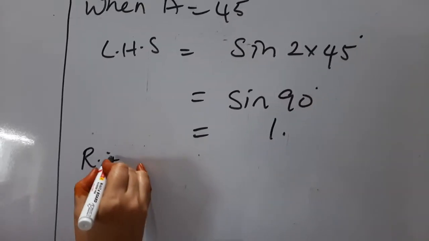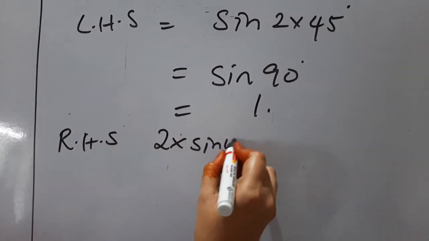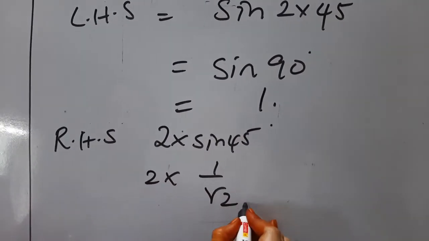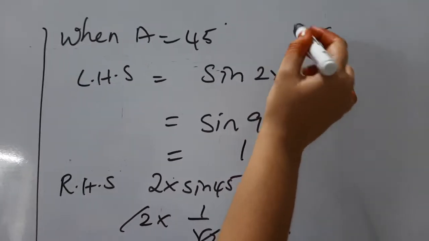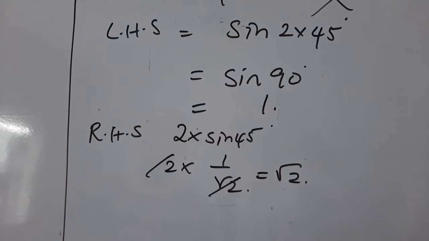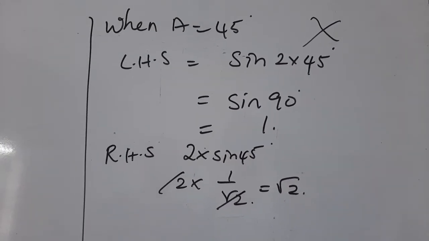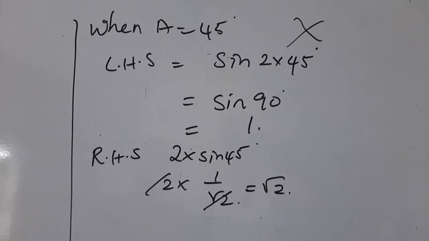When I take the right hand side expression, 2 into sin 45, sin 45 value is 1 by root 2. When we solve that, we get root 2. So this is not true for 45 degrees also. So the given expression sin 2A is equal to 2 sin A when the value of the angle A is 0 degrees.